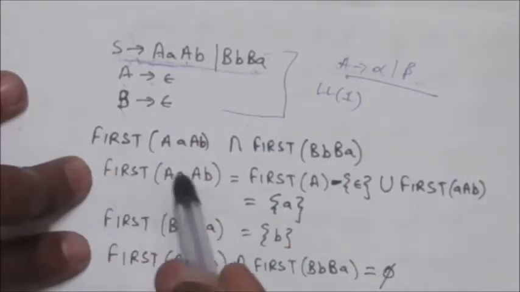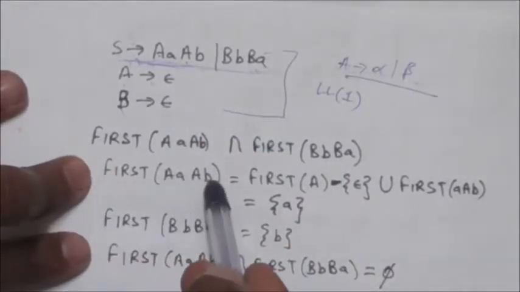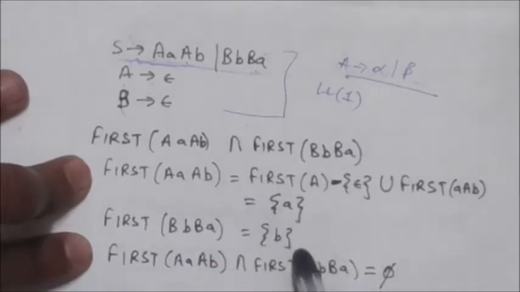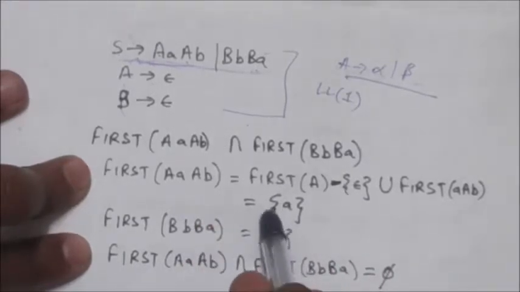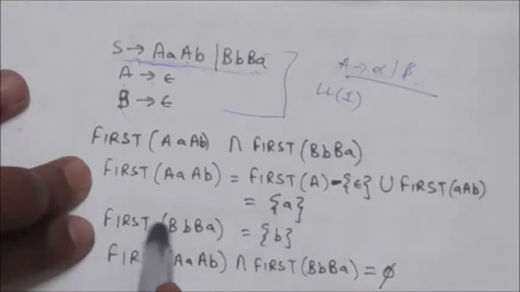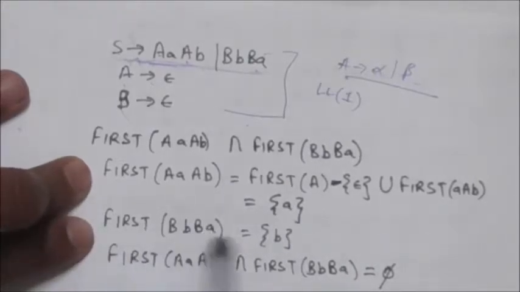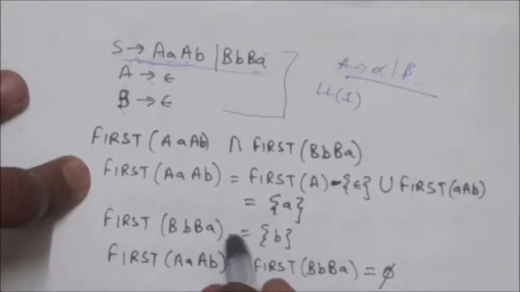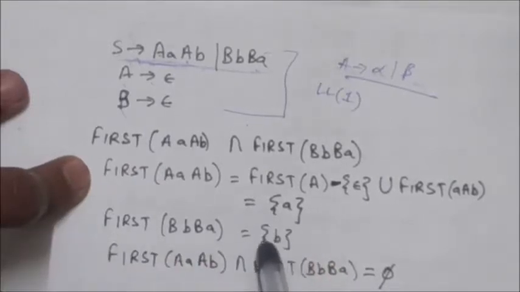You can see here that first of AB is a set having only one terminal symbol, that is a, and first of BA is a set having only one terminal symbol, that is b.